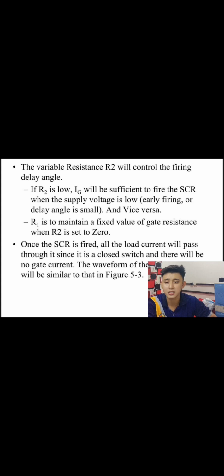R1 is to maintain a fixed value of gate resistance when R2 is set to 0. Once the SCR is fired, all the load current will pass through it since it is a closed switch, and there will be no gate current. The waveform of the load voltage will be similar to figure 5.3, the figure I showed you earlier.